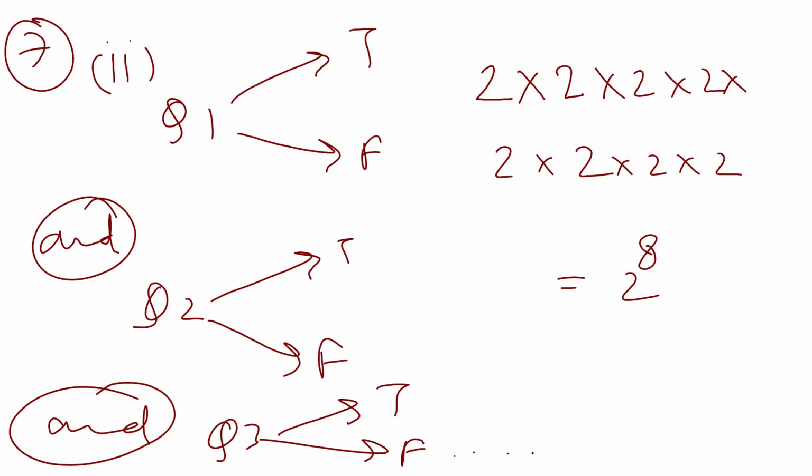Next one, question number 8. In how many ways can 3 different rings be worn on 4 fingers with at most 1 on each finger? That means a finger can have only 1 ring or 0 rings, at most 1. It cannot have more than 1 ring.